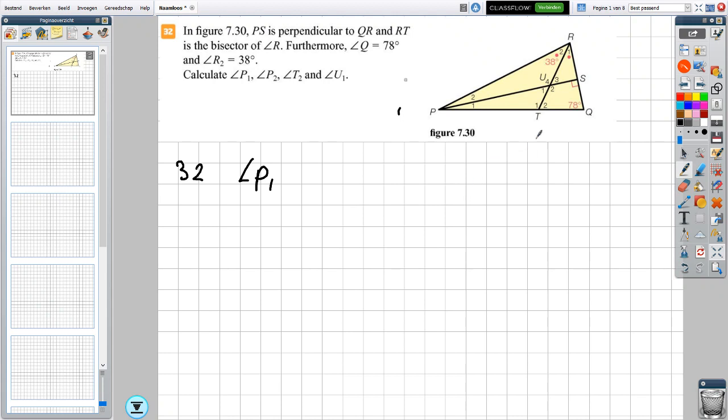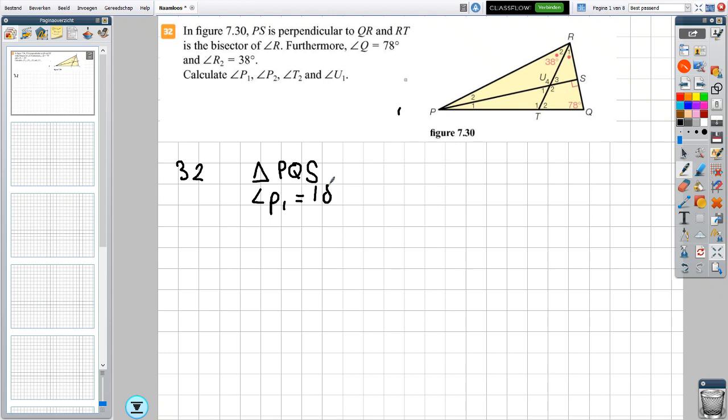And I think that I'm going to use this triangle right here, triangle PQS. So what I sometimes do, I don't have to write this down right now, is I like to write down triangle PQS, and then start my explanation underneath. So then I can see in one go, oh, I'm talking about triangle PQS. So I think I can immediately calculate angle P1. Do you know which rule I'm going to use?